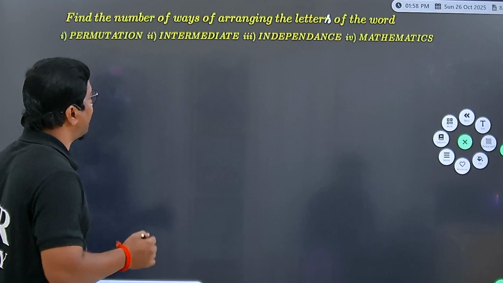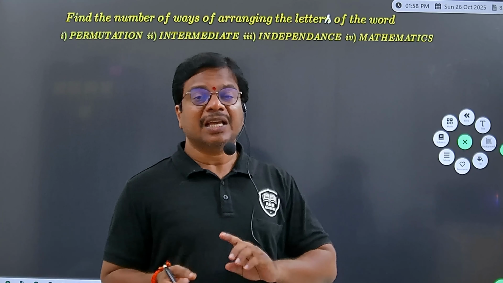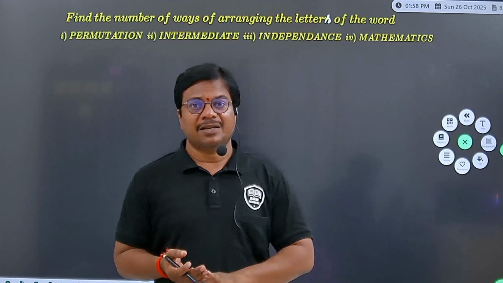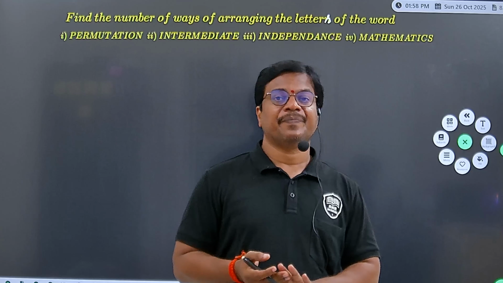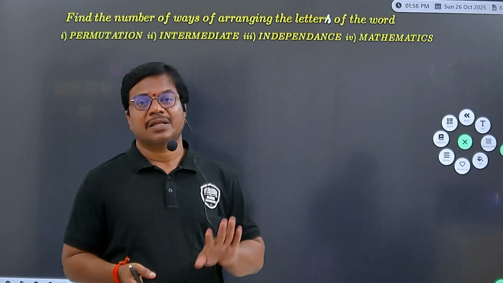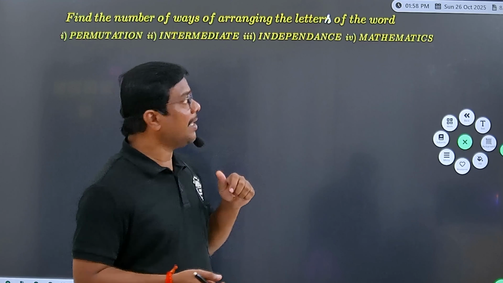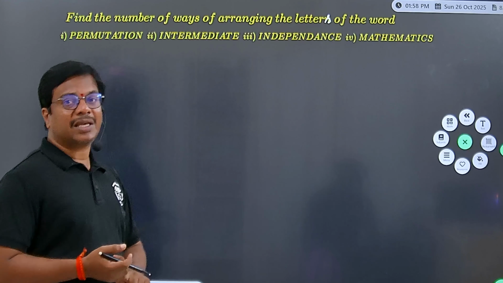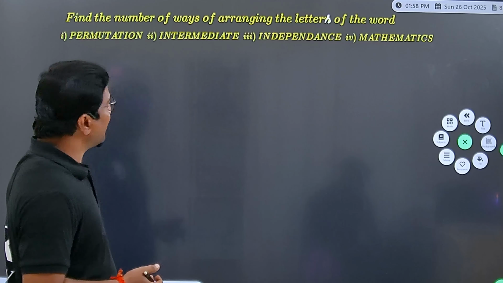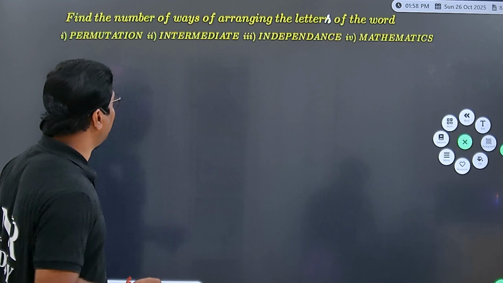We know that suppose there are n objects in which p things are alike, the first kind, q things are second kind, and r things are third kind, they are same. Then the number of ways of arranging those n letters is n! by p! q! r!. Using that formula we can find the number of ways of arranging all the letters of the given words.